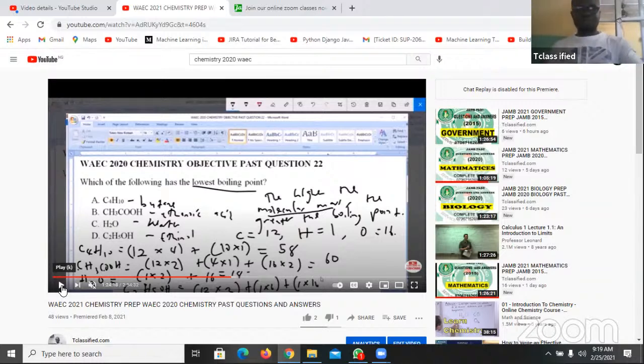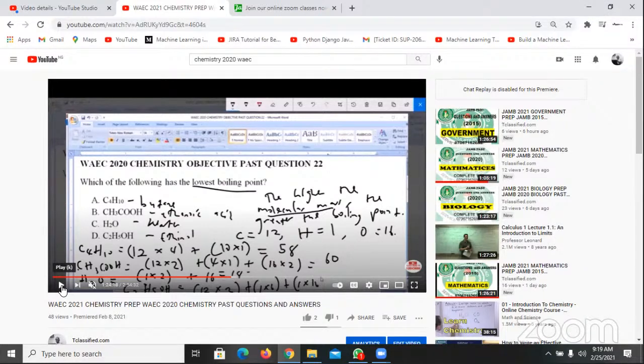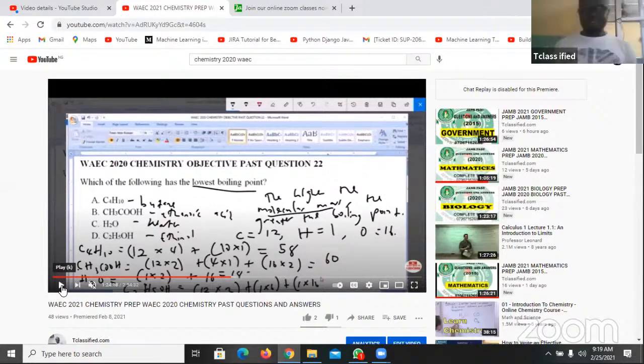Because the boiling point of water is 100 degrees Celsius, whereas the boiling point of ethanol is 78. That simply means that ethanol is having even lower boiling point than water. So when you say which of the following has the lowest boiling point, water cannot be the answer.